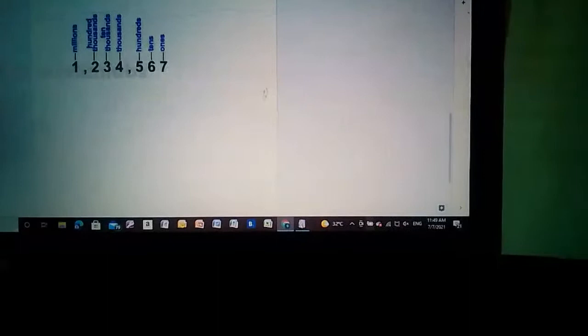Alright? 7 ones, that means you multiply 7 times 1. 6 tens, 6 times 10, so the value would be 60. 5 hundreds, the value is 5 times 100 equals 500. 4,000 means 4 times 1,000, which is equal to 4,000.